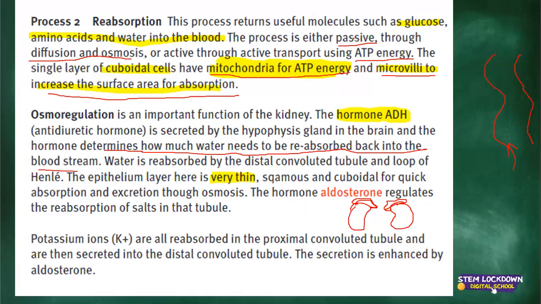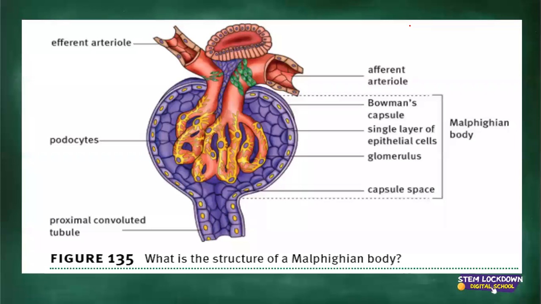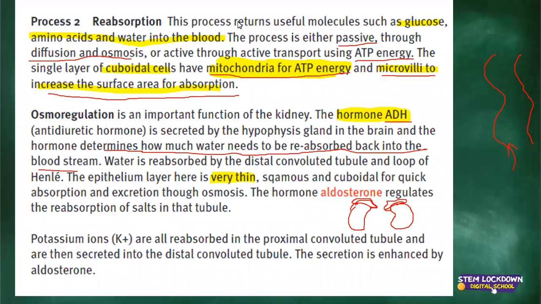Remember, in ultrafiltration, the water, glucose, and amino acids were filtered into the capsular space, right? That water is reabsorbed by the distal convoluted tubule and the loop of Henle. That is the one responsible for that.